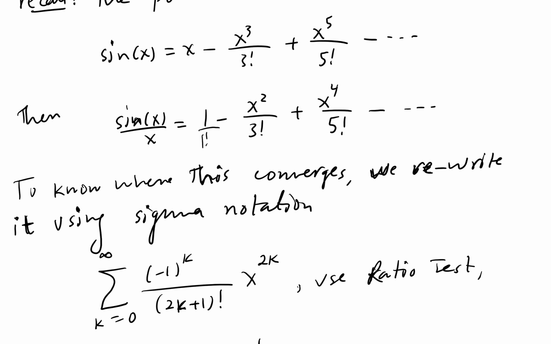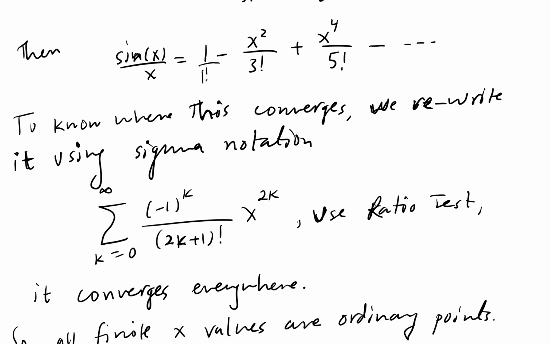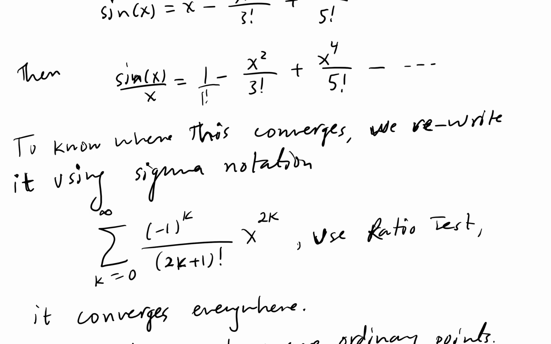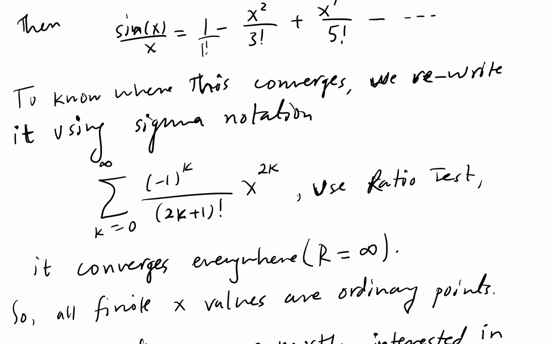Any odd number can be written in the form 2k plus 1 factorial, and the exponents are even, so 2k, and then you can use the ratio test to find out it converges everywhere. So the radius of convergence is infinite. So this means all finite x values are ordinary points.